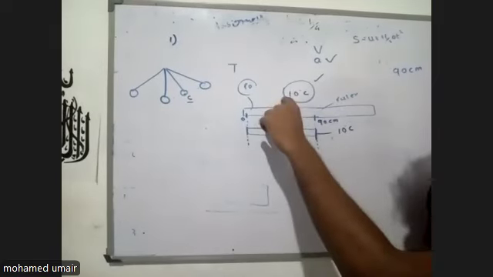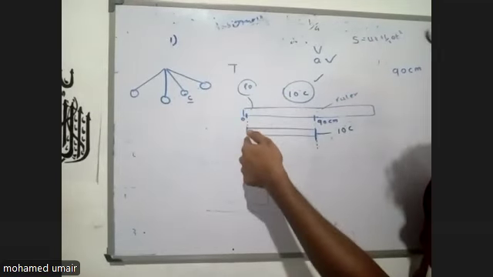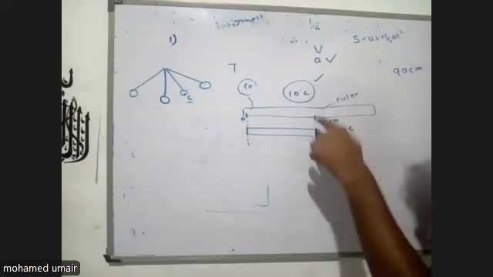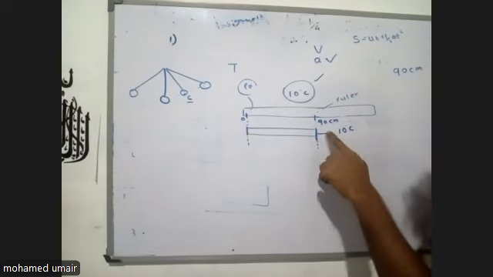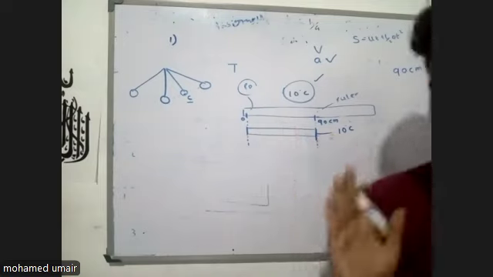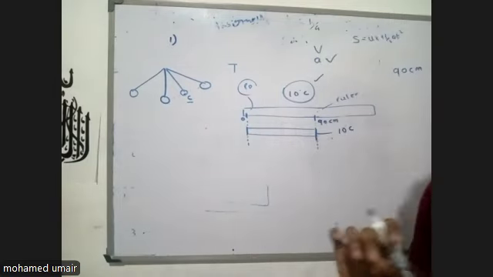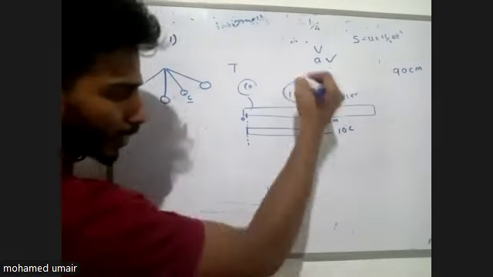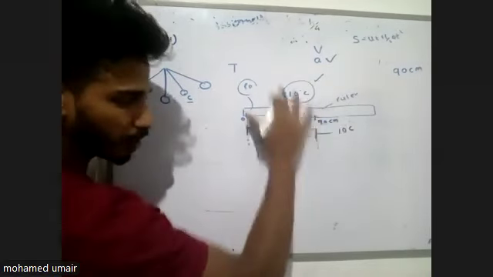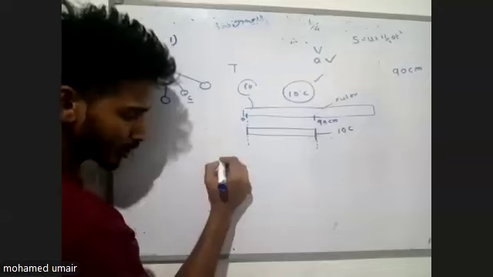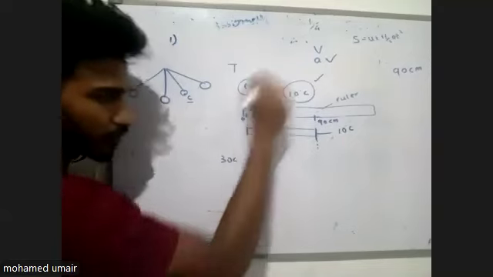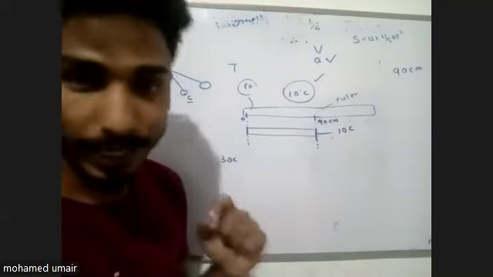This is like your ruler. The 0 mark is coinciding at this point, and the other end is 90 centimeters. So the length was measured to be 90 centimeters. Now they are saying that these measurements are obtained at 30 degrees Celsius.